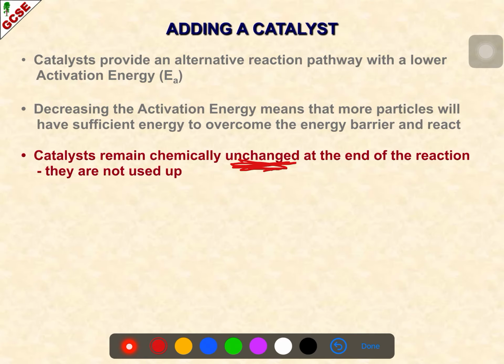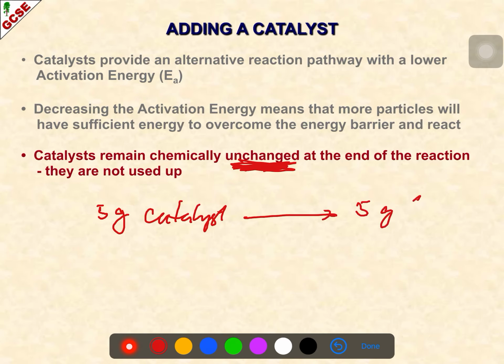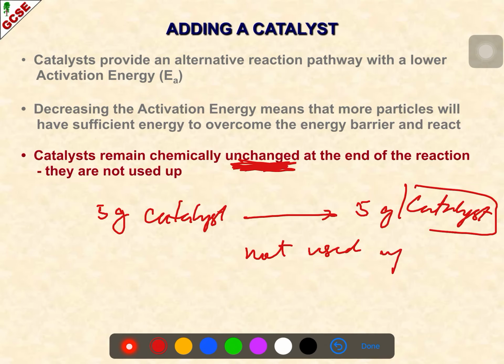A catalyst remains chemically unchanged. The catalyst will not react with the reactant. Okay, so it will not change, it will remain the same. So say for example, you added 5 grams of catalyst at the beginning. At the end of the reaction, you will still have 5 grams of catalyst. Okay, the catalysts are not used up.